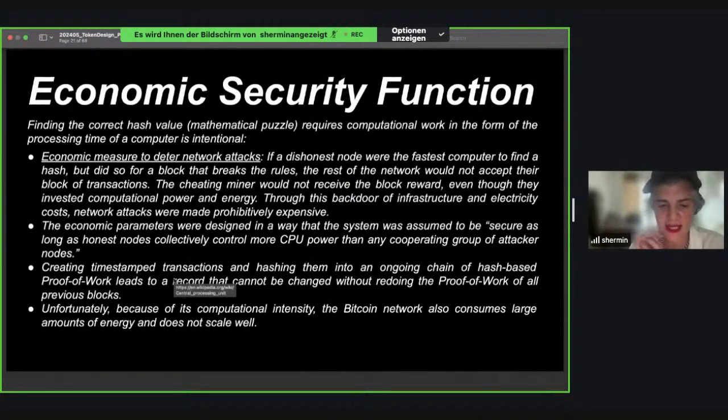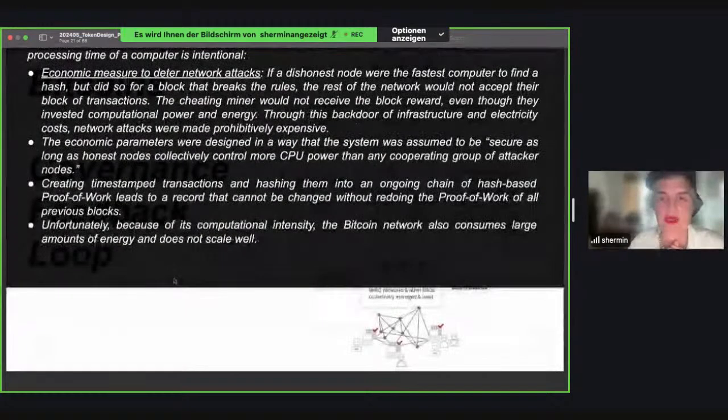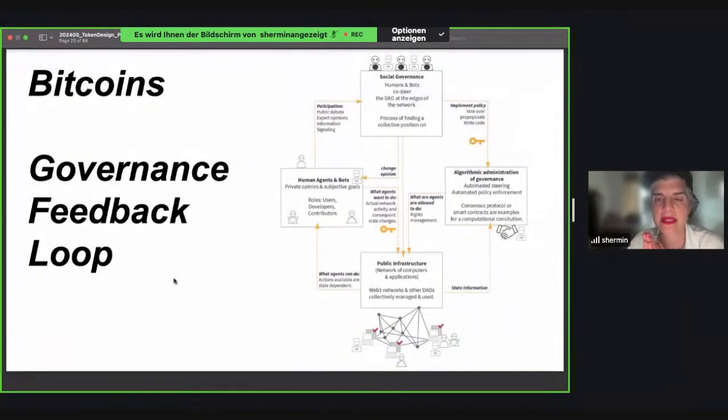And obviously, books have been written just about the mechanism of Bitcoin. The technical intricacies are not what we're interested in today. What we're interested in today is to understand the social and economic dynamics that were designed into the network and that unfolded over time.